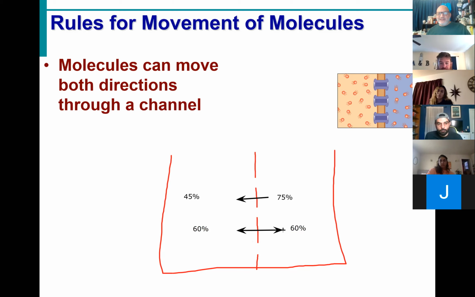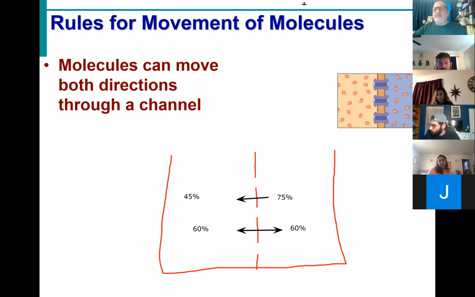Movement still continues, but remember, at equilibrium, there is no net change. So notice my holes don't determine which way the molecule moves. The concentration gradient does. And it's the same thing that's true for these passive channels, right? And again, just to be clear, when we talk about a channel and a pore, essentially those terms are interchangeable.